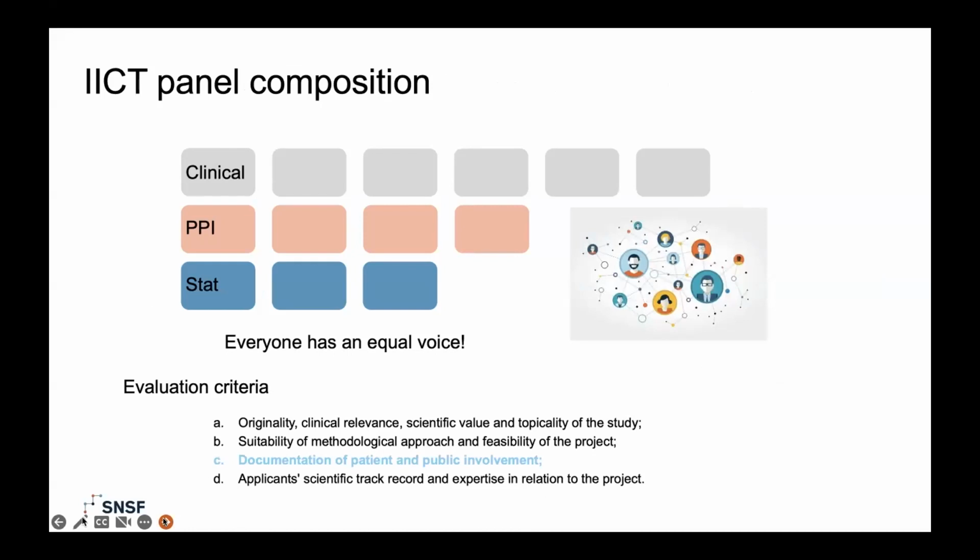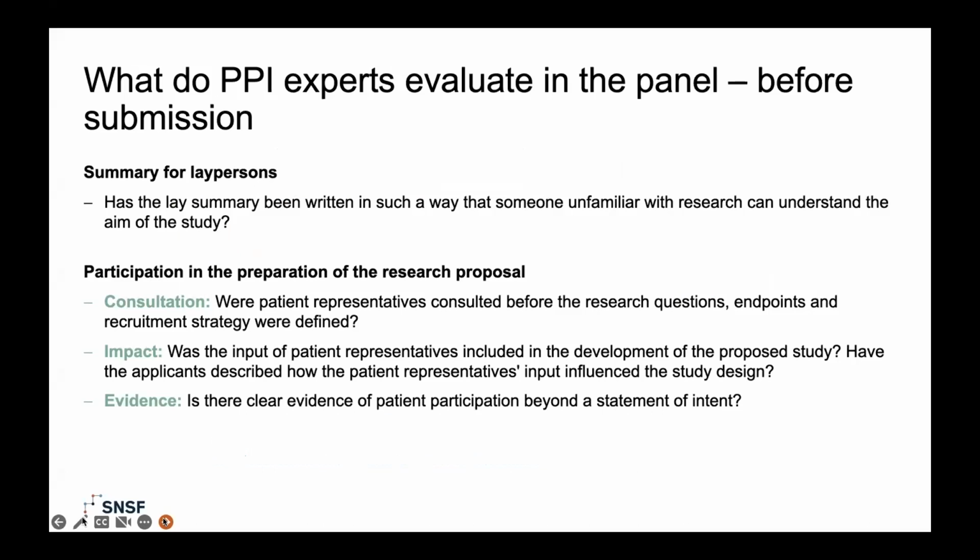There are 7 clinical experts, 4 PPI representatives, and 3 persons with statistical expertise, and everybody has an equal voice. With that, I just want to show that for us, this is really an important aspect, and we try to put weight both in the criteria and in the people evaluating it. And with that, I will hand over to Larissa, who will provide input on what the PPI experts actually evaluate.